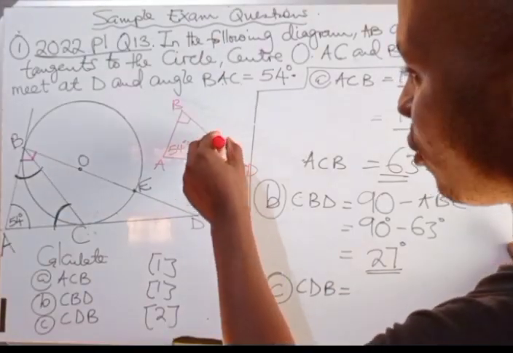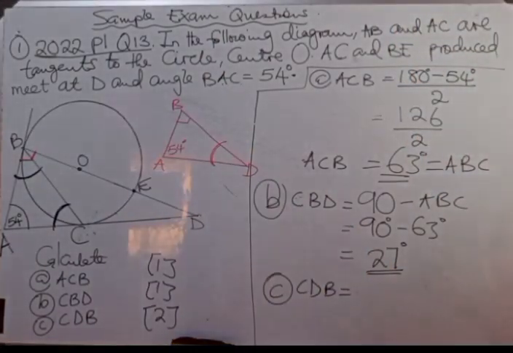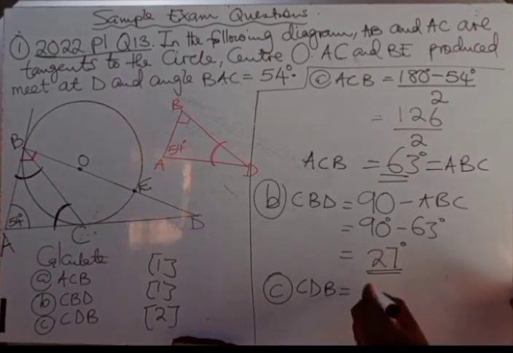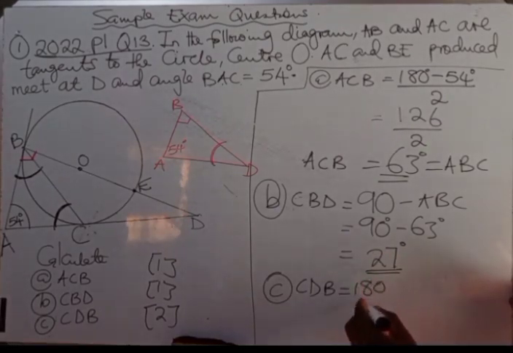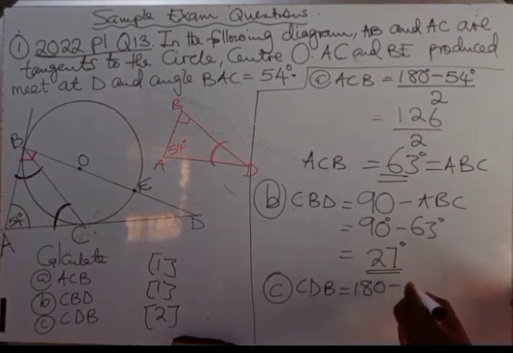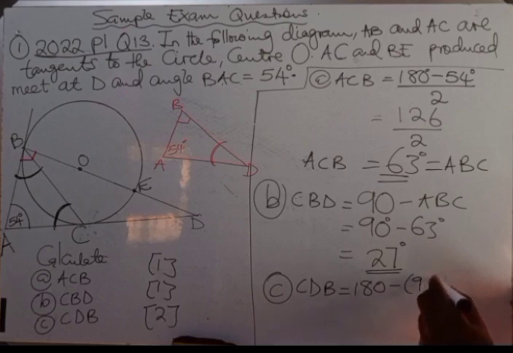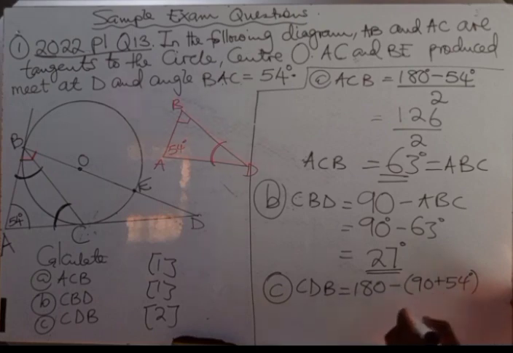What is this angle here, since that is the triangle? We are going to say 180 minus 90 plus 54 degrees. So we have 180 minus 144 degrees.